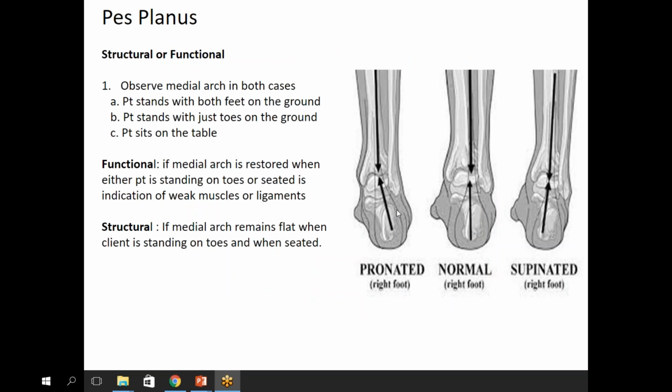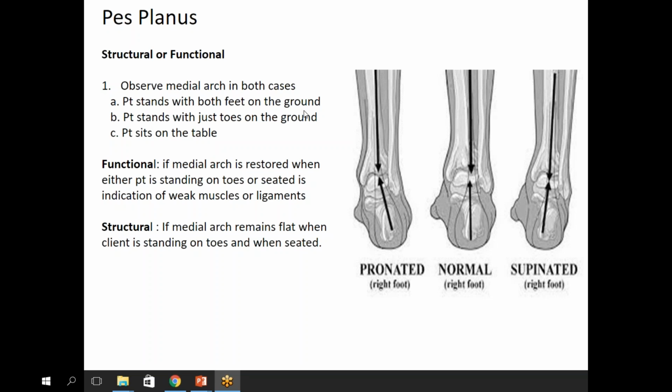Pes planus, flat foot, a condition we talked about, which is a pronated foot. When the medial arch is dropped, how do we know if it's a structural thing or if it's a functional thing? You know, the person's just getting lax ligaments. Well, easy way to do it is you observe the medial arch. The patient will stand with both feet on the ground, shoes and socks off.